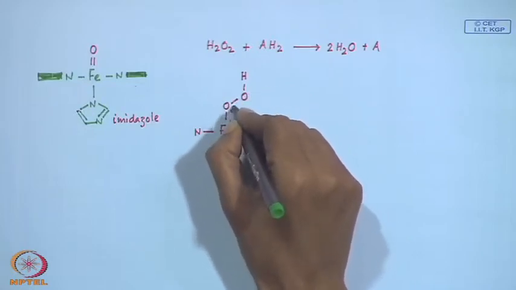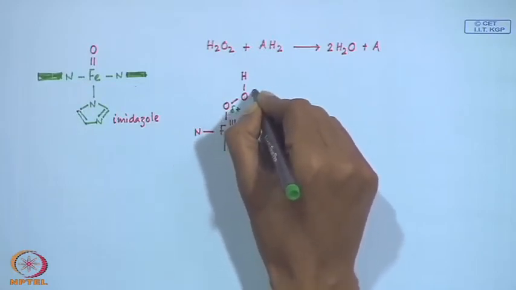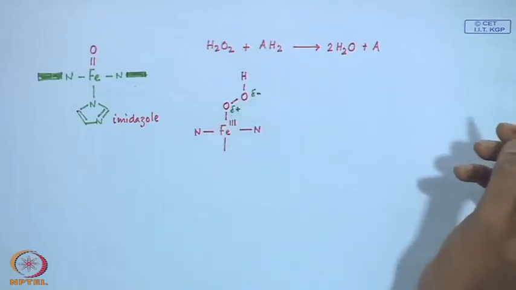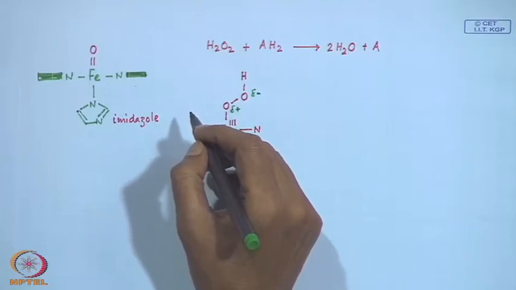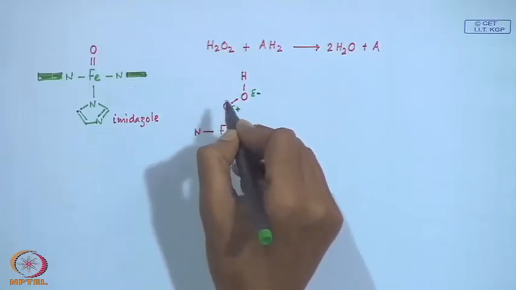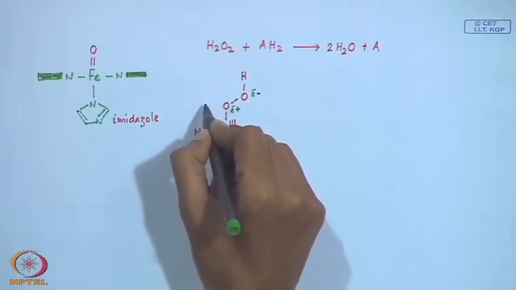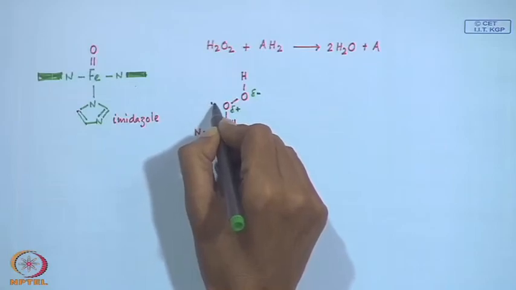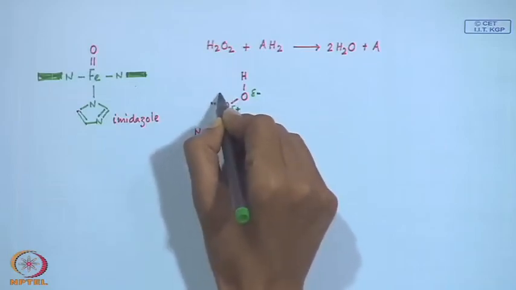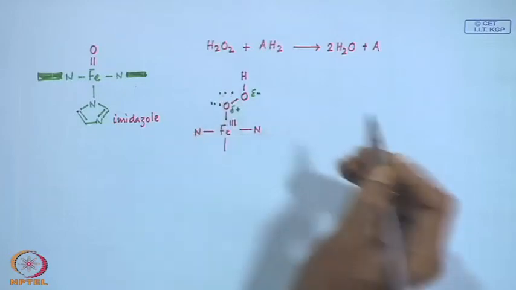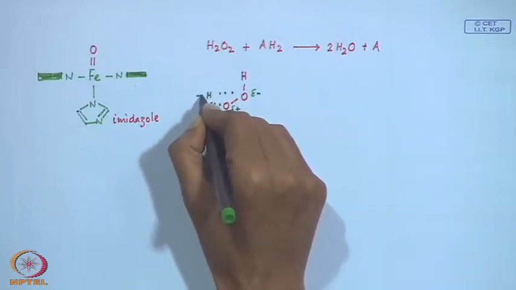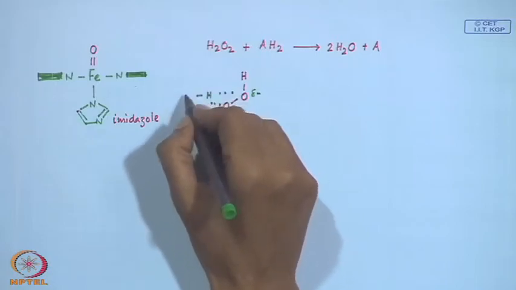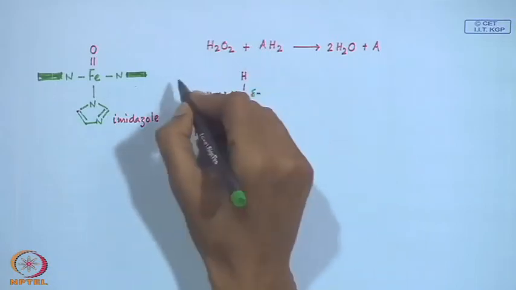So, here you have a charge separation of delta plus and delta minus, and therefore this oxygen can have hydrogen bonding interaction with the hydrogen of the corresponding nitrogen of the distal histidine.